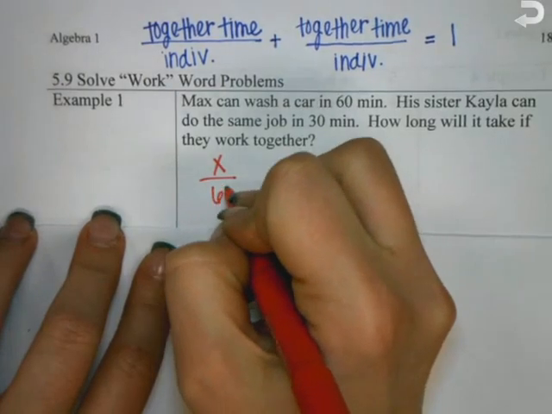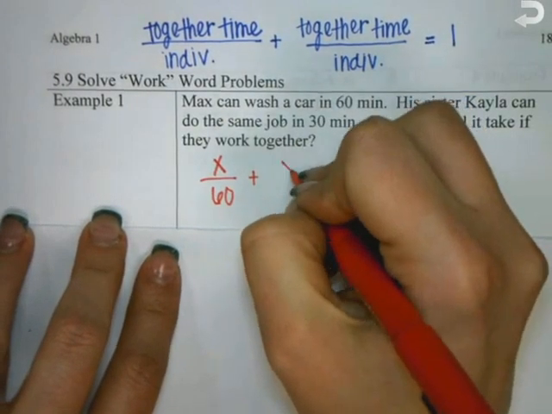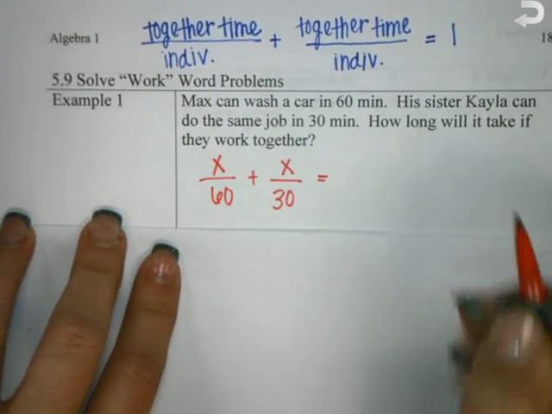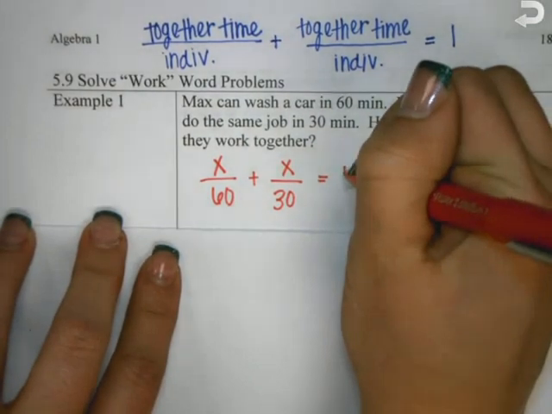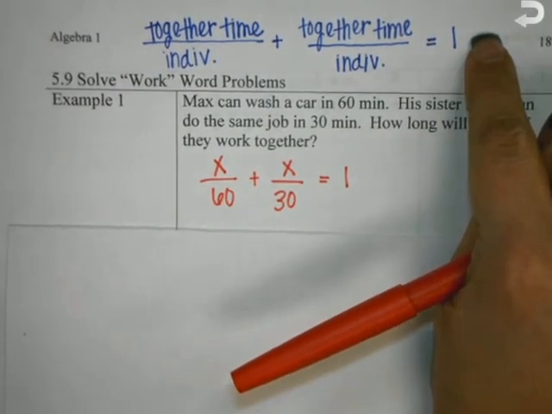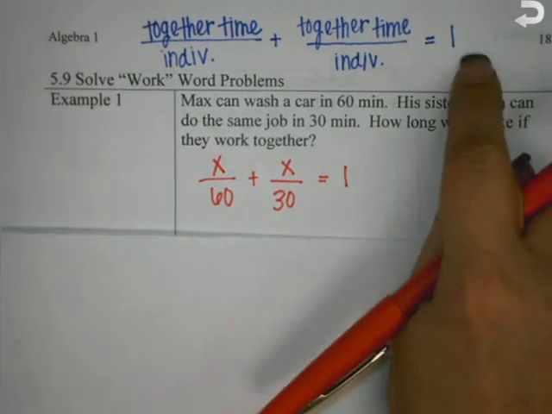Plus, together time, we don't know what it is, X over 30. All of that's going to equal 1. It always equals one completed job. 1 is for when we put it together, they finish one car, right?